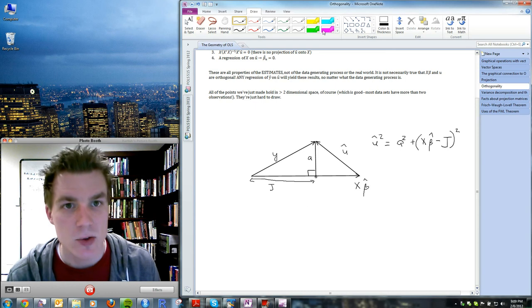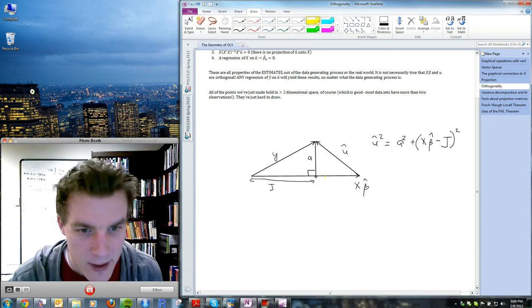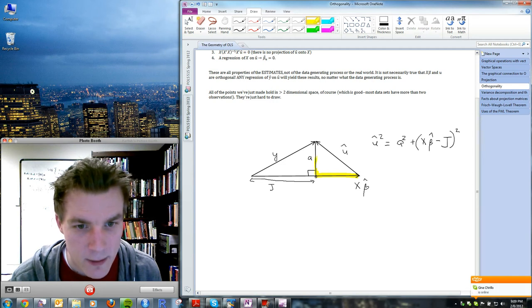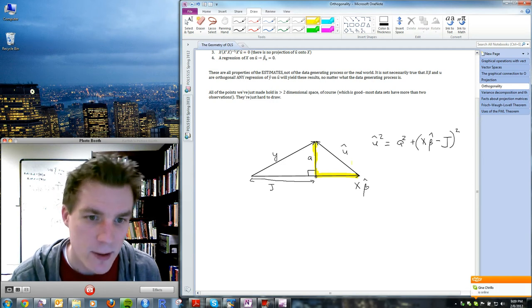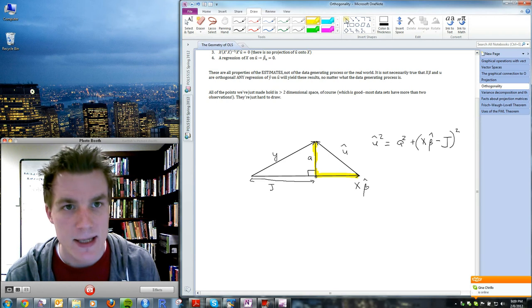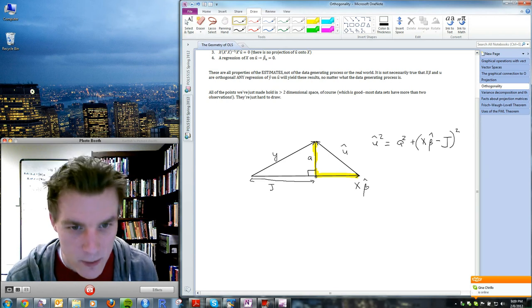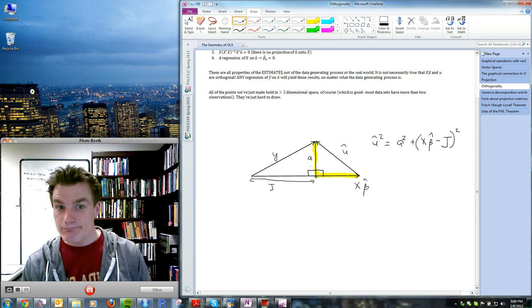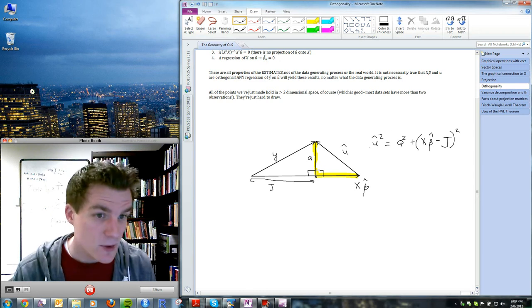So all I'm doing is the usual Pythagorean theorem deal, where I say the opposite side squared plus the adjacent side squared equals the hypotenuse squared, as long as we have a right angle here, which we do. So that's the length of u squared.